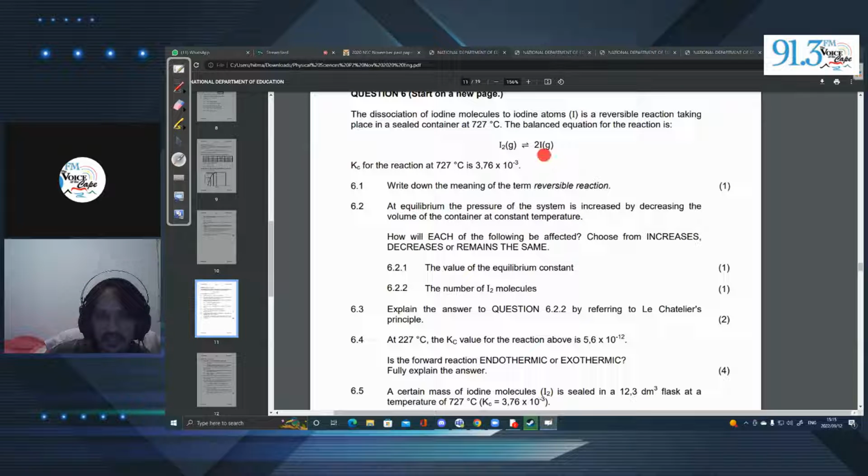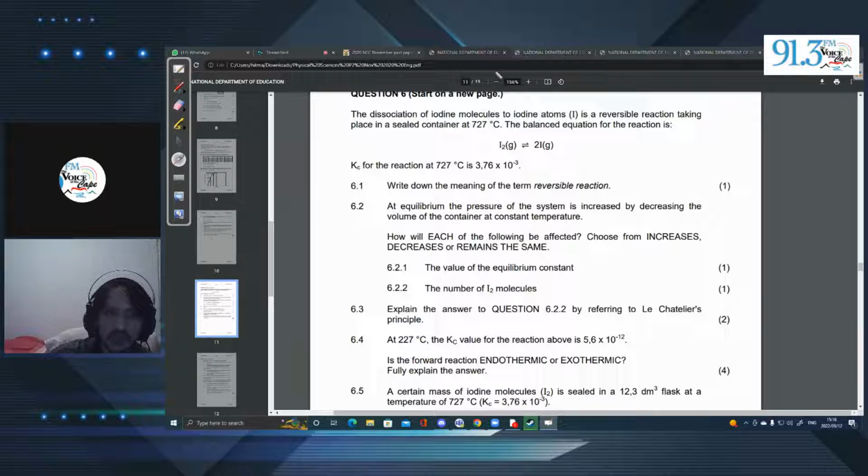This is 1:2. So we can see that while we heat this at this temperature, we dissociate this molecule, and we're going to produce more of this over here. But as we increase the pressure, we're going to squeeze these atoms together to form these molecules.